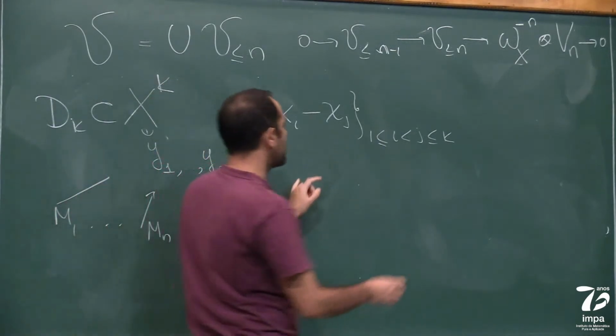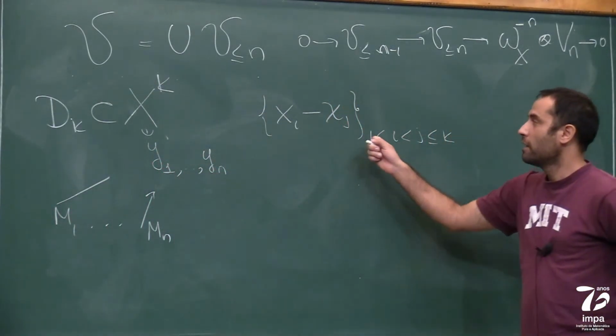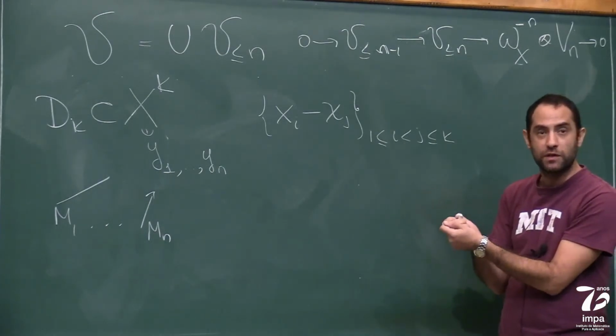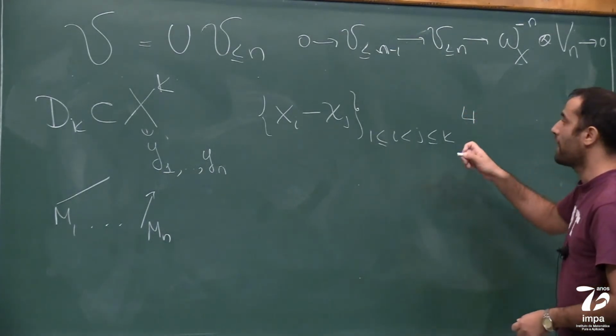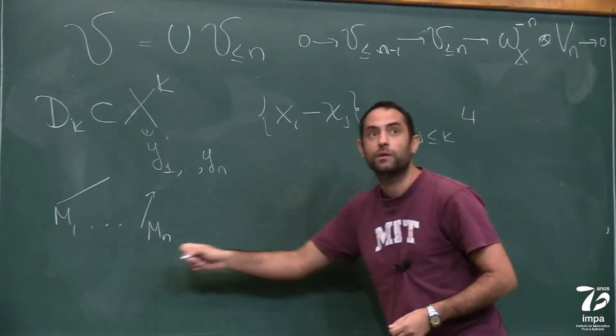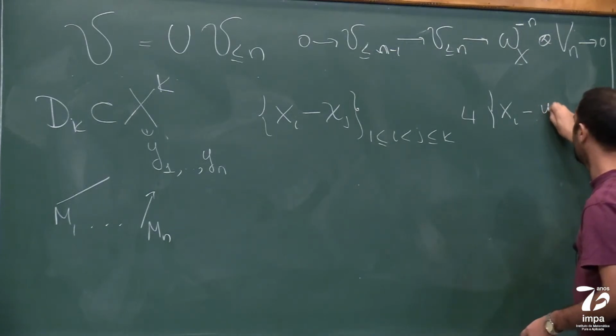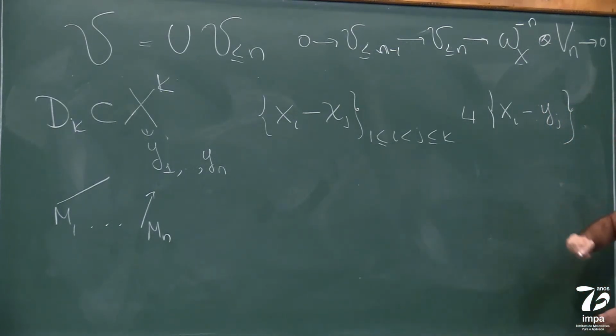I'm going to take a divisor inside X^k, the diagonal divisors. This is where the vertex algebra operations are going to be singular, and then I'm going to allow the vertex action on the modules. So I'm going to allow that the ith point is that guy.